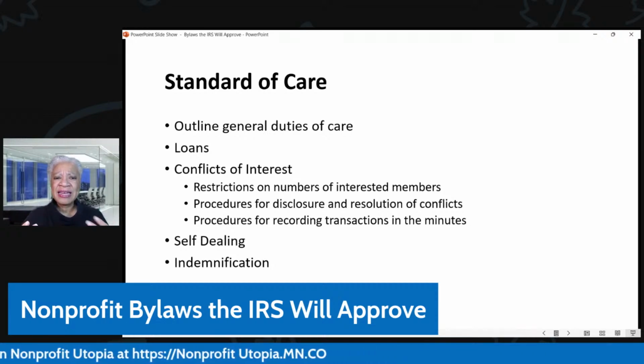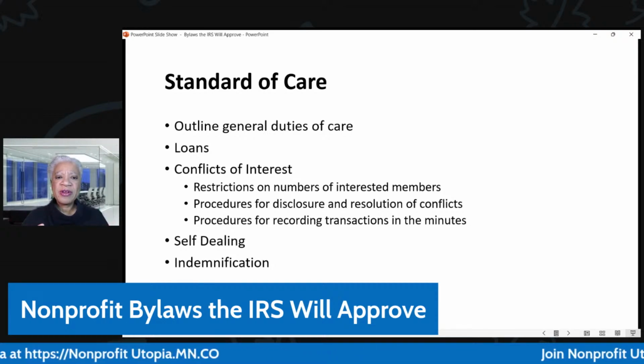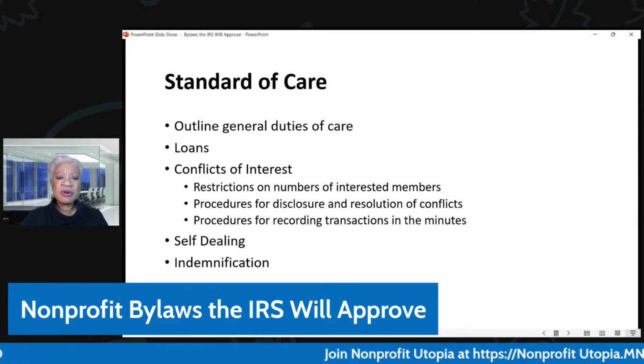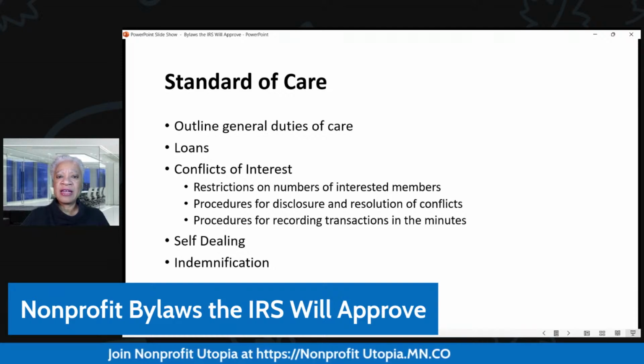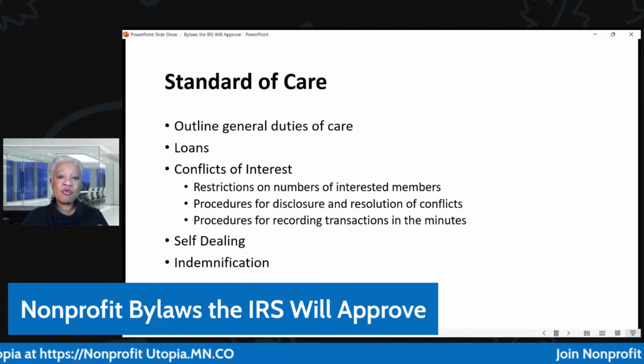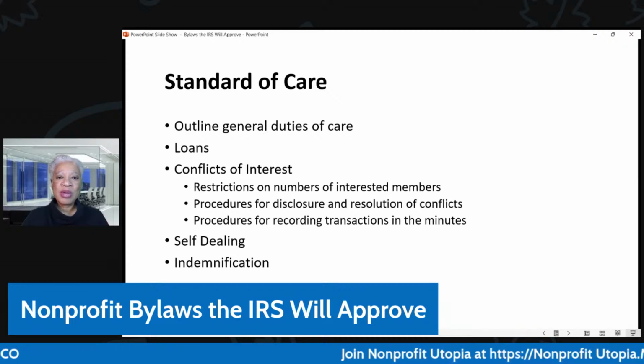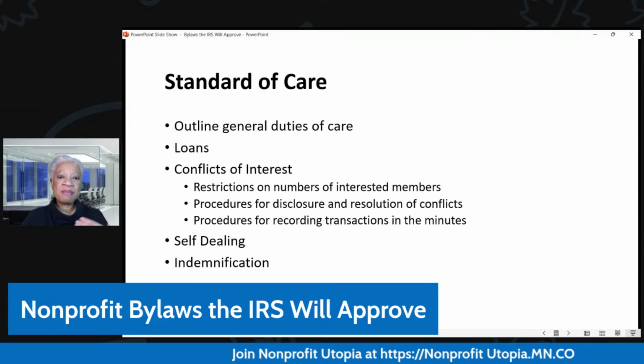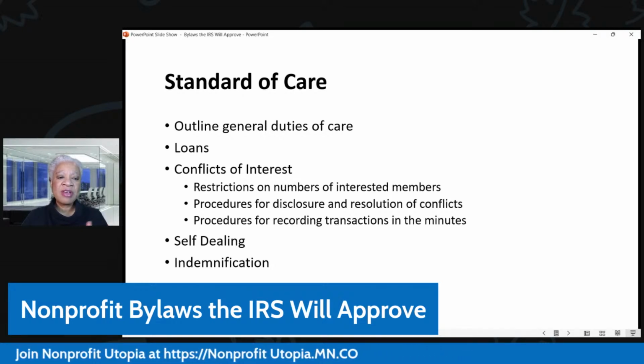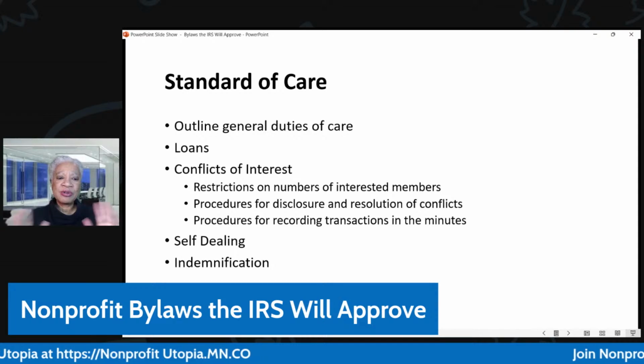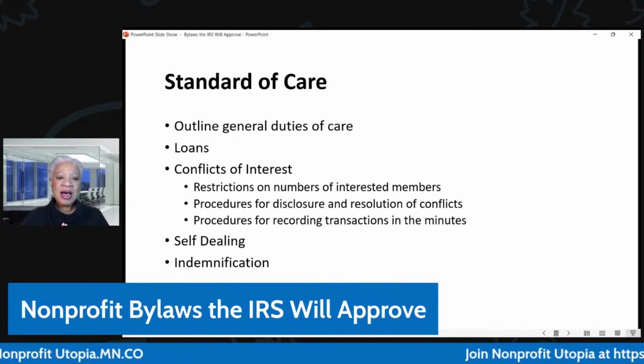So you're kind of reminding people of what their fiduciary duty is as board members, reminding people that their duty of care is to carefully consider every matter that comes before the board, taking into account all of the data that you have in front of you, and it might require the use of experts, the use of staff. So you want to kind of outline generally what that looks like.